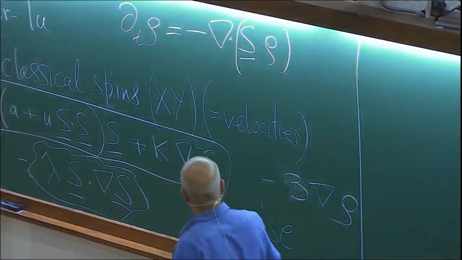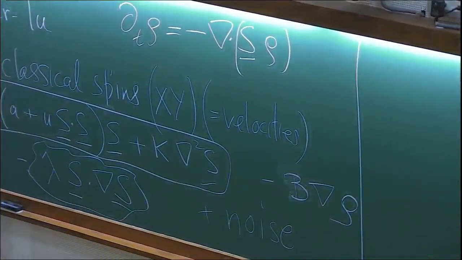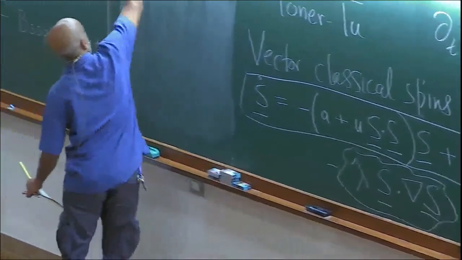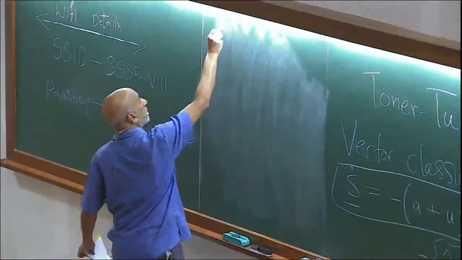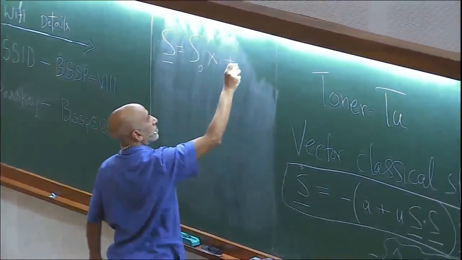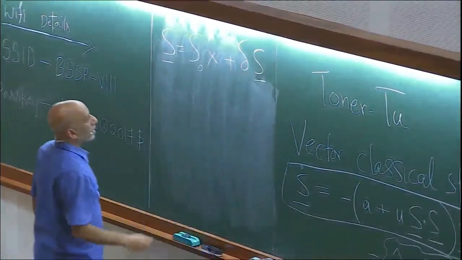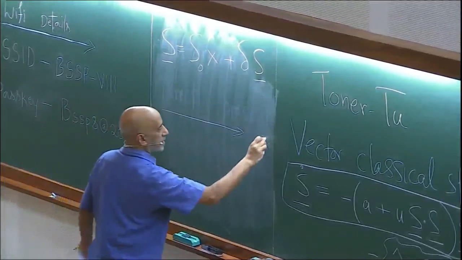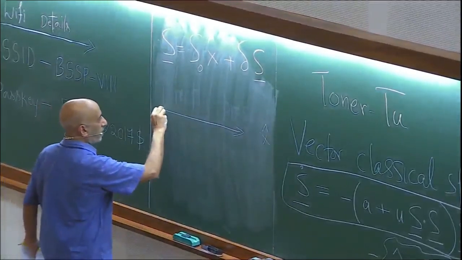So last time what we managed to do was to study the ordered phase, and we considered an ordered phase where everybody is pointing this way on the average, that's the x direction, and we looked at fluctuations.